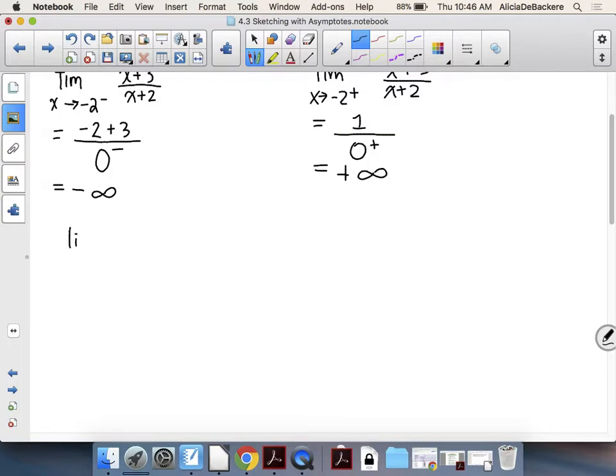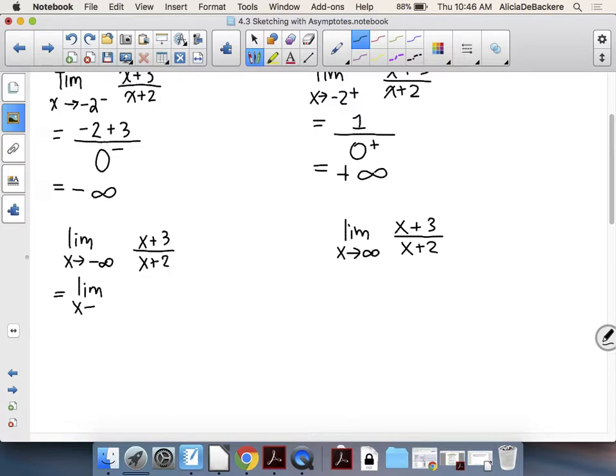So we're going to take a look at what's going on the left side of the graph. So as I approach -infinity, what's happening to my function? And remember, I don't need to include the hole anymore. And then we'll take a look at what's happening on the right side of the graph over here. Now, when I'm taking the limit as I approach infinity, we'll use our trick of factoring out the x.